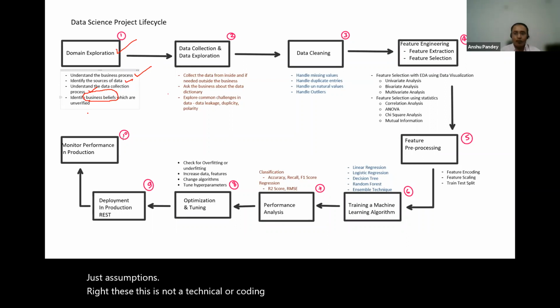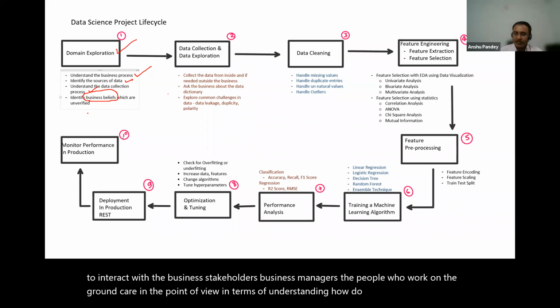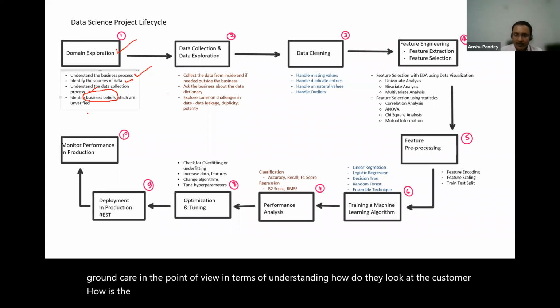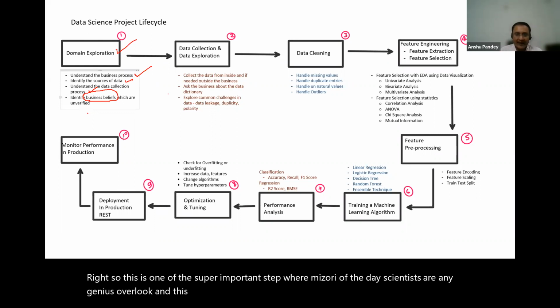This is more about discussion, interacting with the business stakeholders, business managers, the people who work on the ground, getting their point of view on how they look at their customer, how mature the customer is, and the target market where this machine learning model has to be deployed, right? This is one of the super important steps which the majority of data scientists or AI engineers overlook, and in the right framework, this should be the very first step, even before starting with the coding, right?